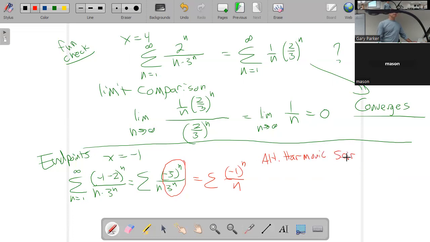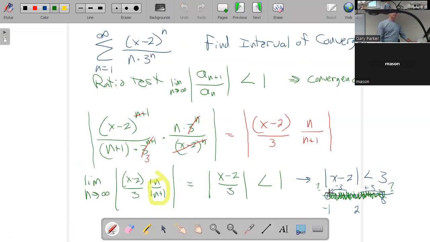In our work in previous weeks, we showed that this converges according to the alternating series test. So back here, I can go and shade in this circle right here. I have convergence at that endpoint right there.